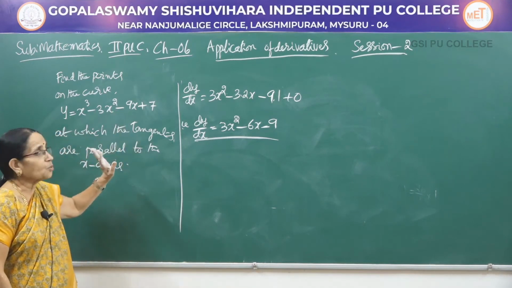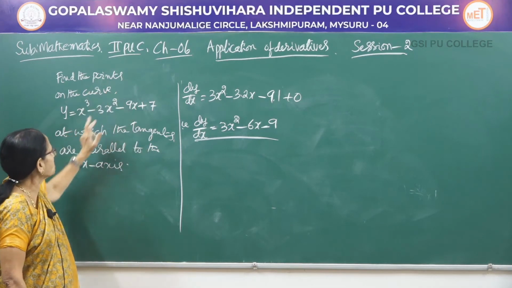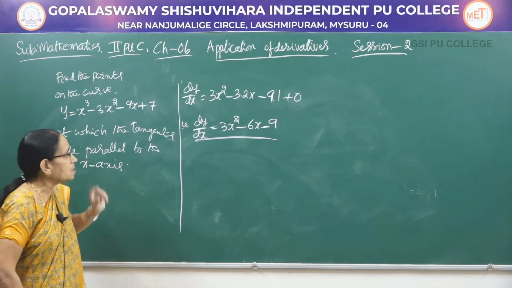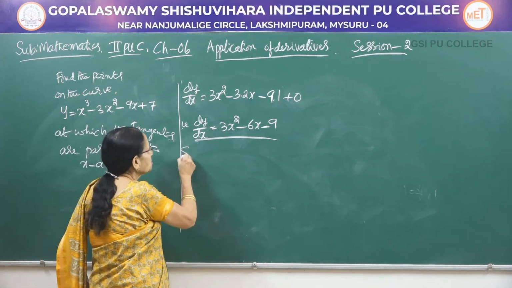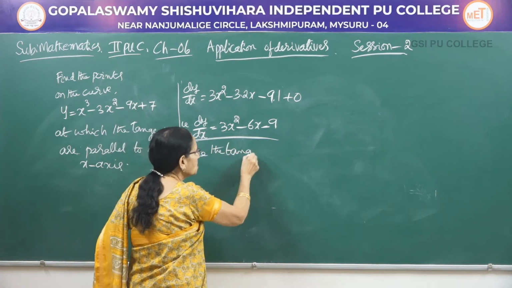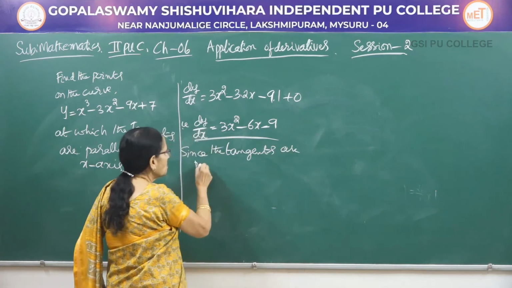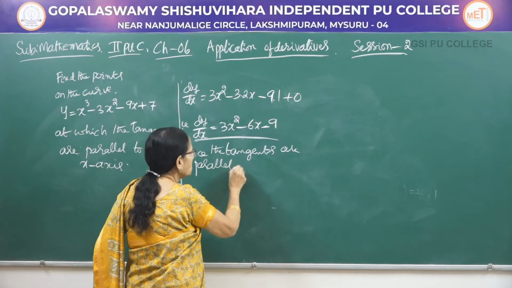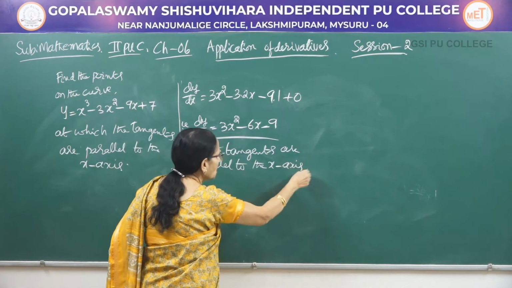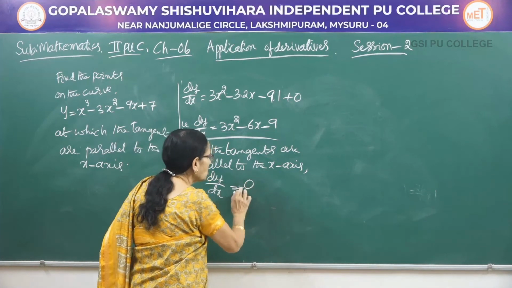So I got the value of dy by dx. Now the first part is over. Now come to the second part, the condition. You have to find the points at which the tangents are parallel. So write the condition. Since the tangents are parallel to the x-axis, dy by dx is equal to 0.